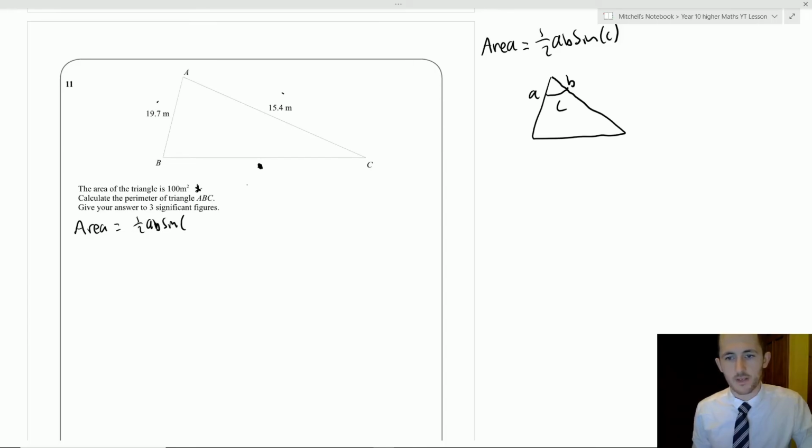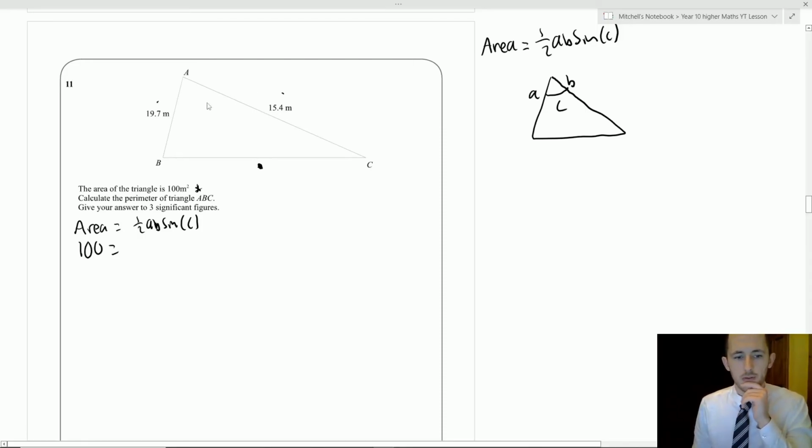So before we go on, does that logic make sense? Do you see my thought process? And this is how you should think in the exam. You have to use all the information. Think about what you need. Think about how you can get it. So in this case, we get given that 100 equals... Now, what angle am I going to work out? Good question.